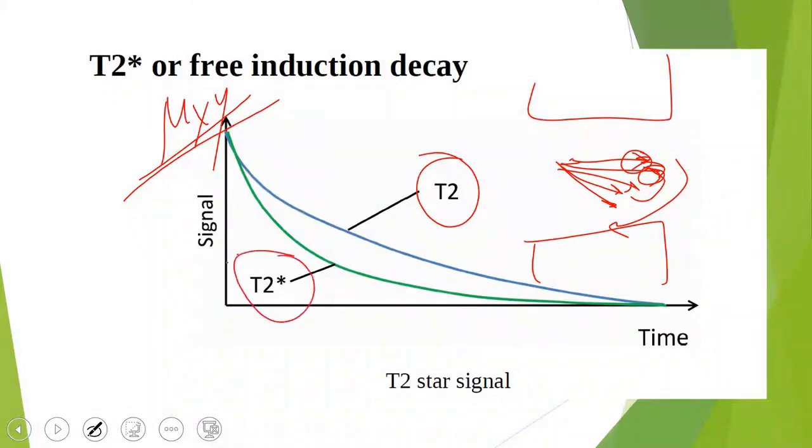So, I have a curve that appeared, the initial curve which I call T2 star, which is the shape of MXY, and it undergoes decay along with the effect of inhomogeneity in the magnetic field, the magnetic field I described earlier. Now, when I remove their effect, the curve appears in this shape and takes longer time. So I called it T2 sequence.